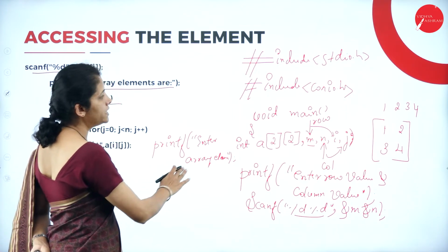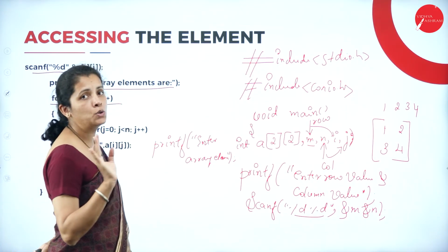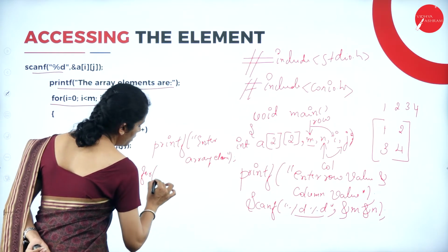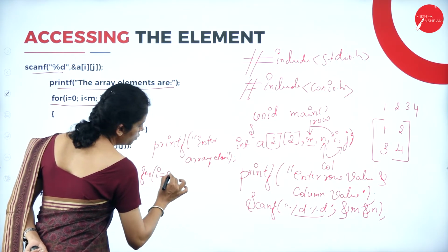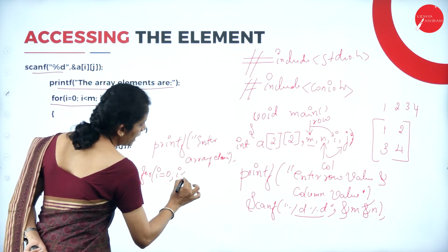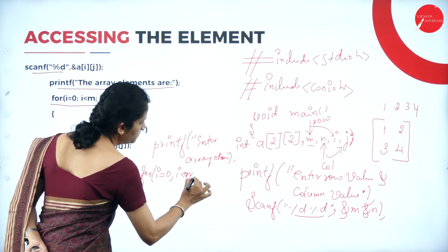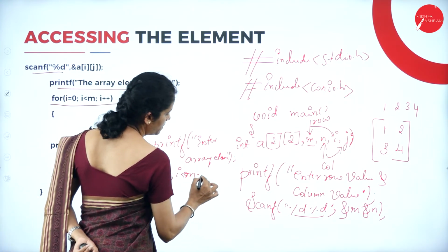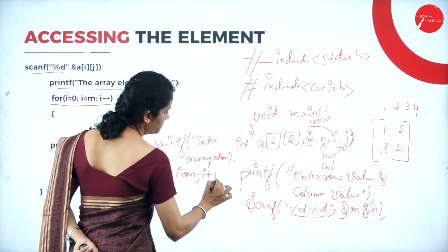Okay, now see here, I have 2 rows and 2 columns. For that, I'm going to use a for loop: for i equal to 0, because my array index always starts from 0. So i equal to 0, i less than m, i plus plus.